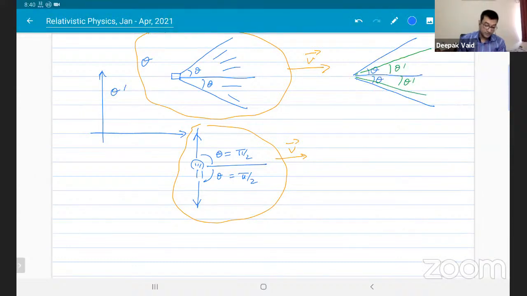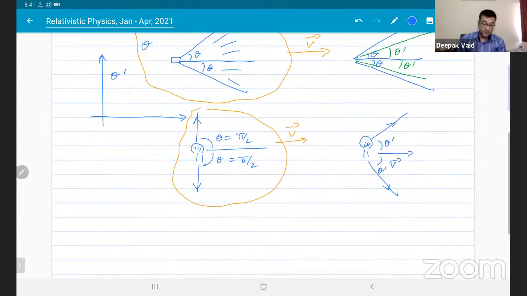According to this picture, it's a moving light source, and now these light rays are bent inwards at some angle theta prime, like this. So as your particle becomes more and more relativistic, the light that is emitted by the particle appears to be focused more and more narrowly in the direction of motion.